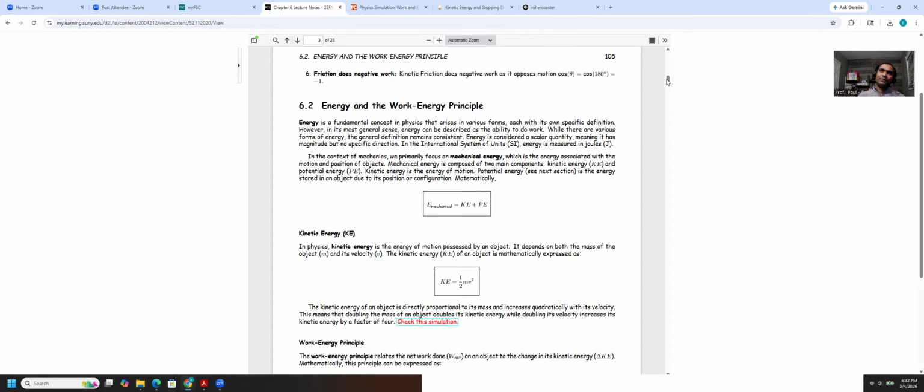Okay, but in this chapter our focus will be on mechanical energy. Okay, and what is mechanical energy? Kinetic energy and potential energy give us the mechanical energy. So the definition of mechanical energy, here you see, is the sum of kinetic energy and potential energy. Okay, K is the kinetic energy and PE is the potential energy.